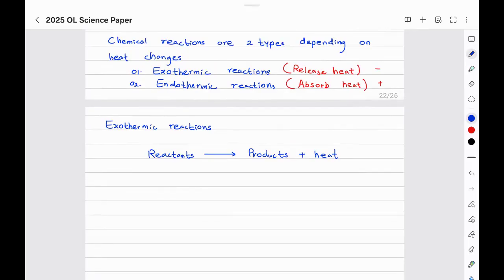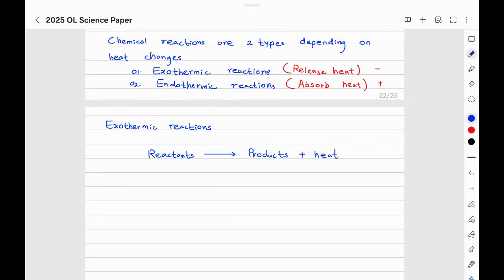Children, you assume that this arrow is equal symbol. Then reactants equal to products plus heat. Then you have to understand here, energy of the reactants are greater than energy of products. Can you understand? Energy of the reactants are greater than energy of products, right?